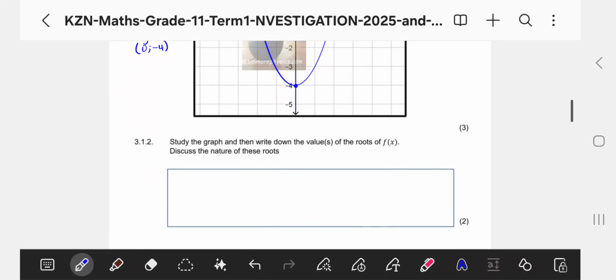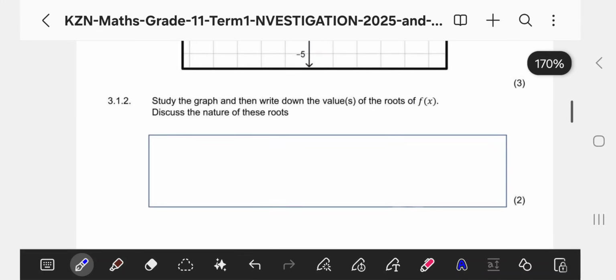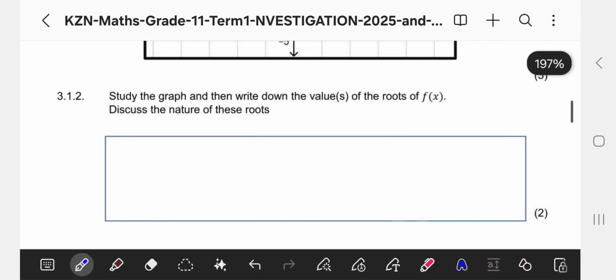Let us go on to 3.1.2. They say study the graph and then write down the values of the roots of f of x and discuss the nature of these roots. Firstly, you guys, roots are x-intercepts, and we clearly saw that the graph cut the x-axis at -2 and at +2. And if we discuss the nature of these roots, they are real because they do exist.